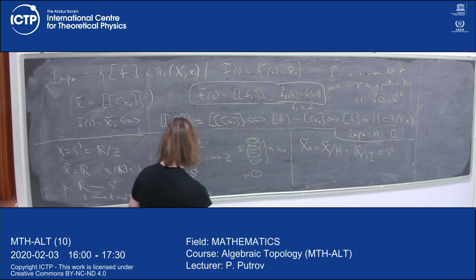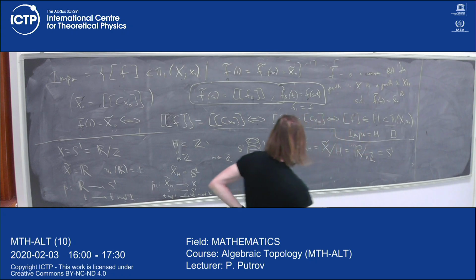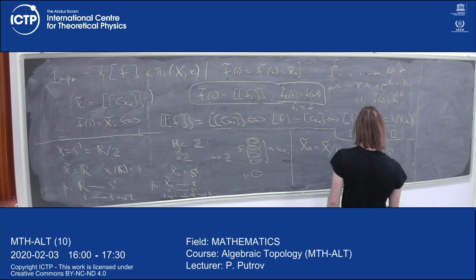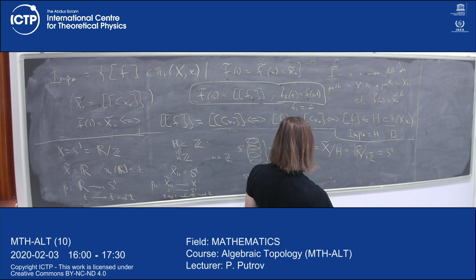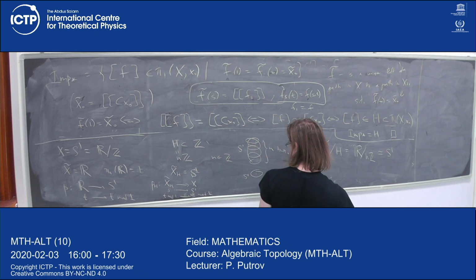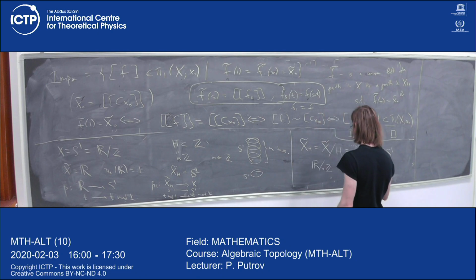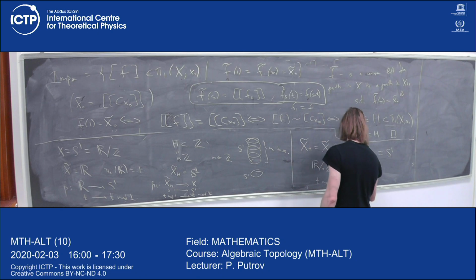So the projection is just this. If I write it like this, I have some number t mod n, and I map it just to t.